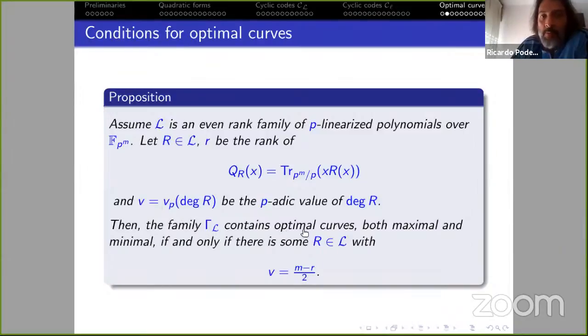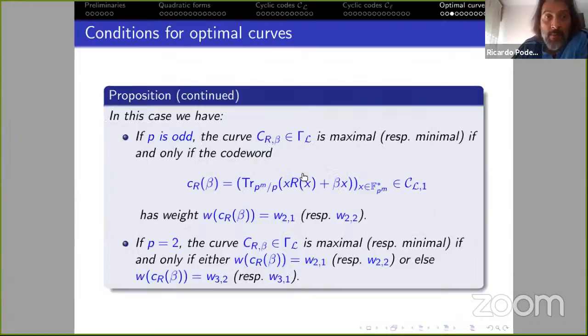So this family contains optimal curves, both maximal and minimal, if and only if there is some polynomial of degree p to the b with this b, m minus r over 2. R is the rank of the quadratic form, and m is the degree of the extension. Okay. Moreover, in this case, for p odd or p equal to 2, the curve is maximal or minimal if and only if this curve has this explicit weight.